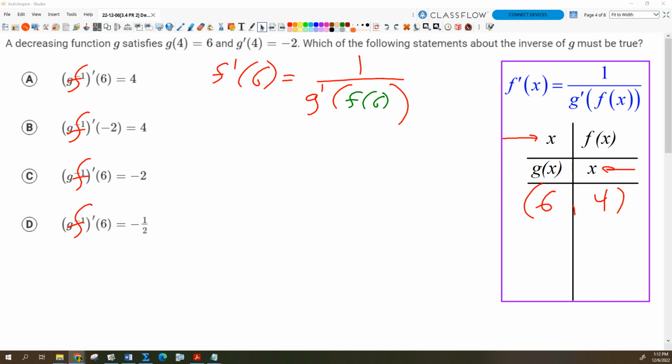So for part A, this is the same thing as saying 1 over G prime of 4. Well, G prime of 4 is -2. So is 1 over G prime of 4, which is -2, equal to 4? No. Everybody agree? That's a false statement. So that one we can cross out.